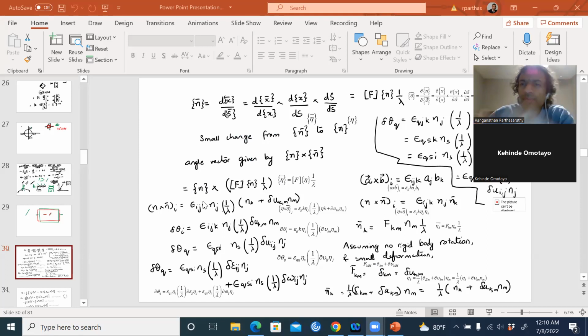Okay. Now if you have two vectors, magnitude of A cross B is AB sine theta, right?